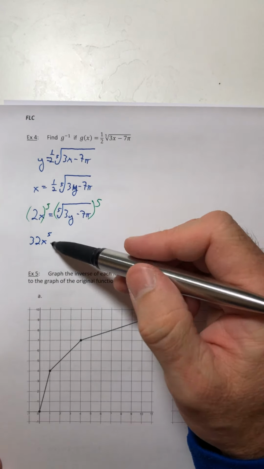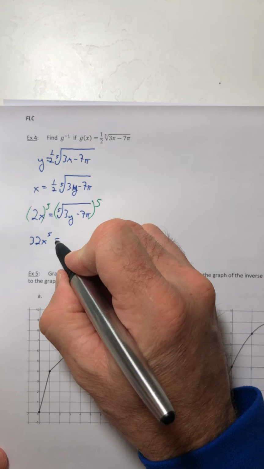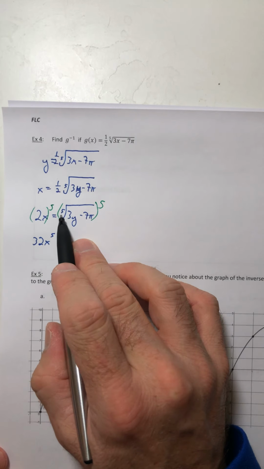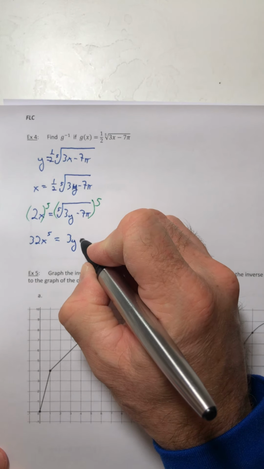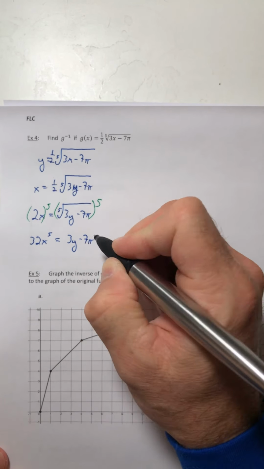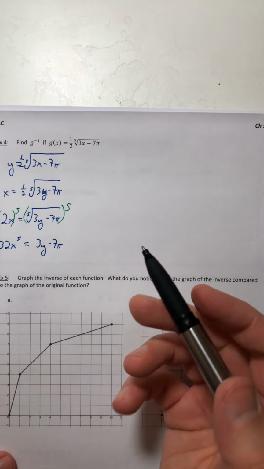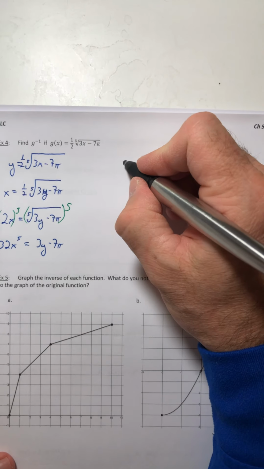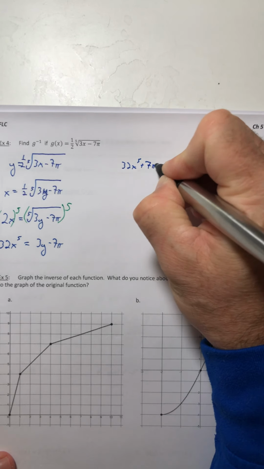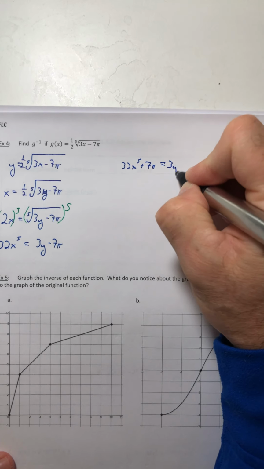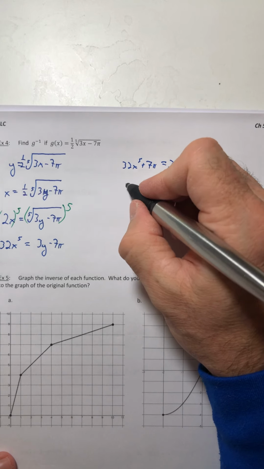So on my left side I have 32x to the 5th. The right side over here, the 5th root and 5th power cancel. So 3y minus 7 pi. And then just solve for y. So now I can add 7 pi to both sides. Can divide both sides by 3.